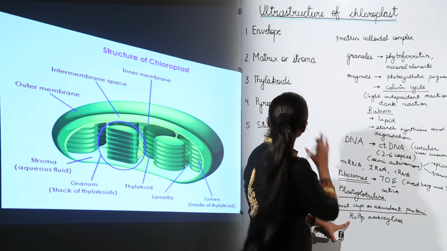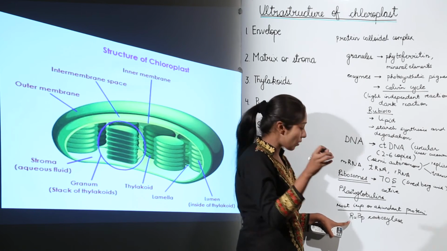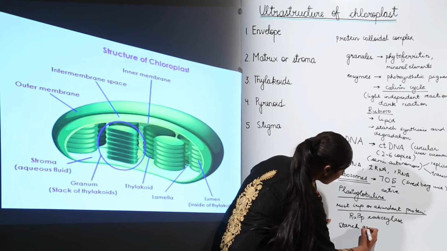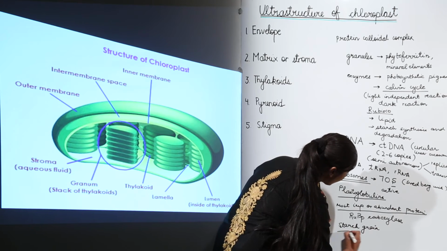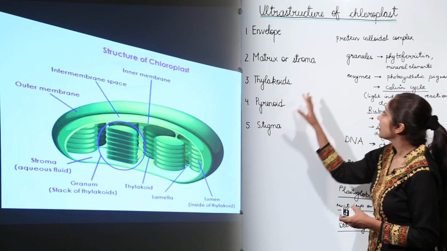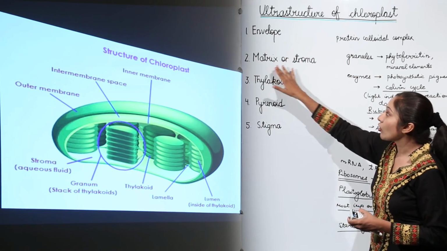Now, in the stroma, sometimes starch grains also occur. There can also be some starch grains in the stroma or the matrix in case of higher plants. So, this is what is there in the matrix or stroma.